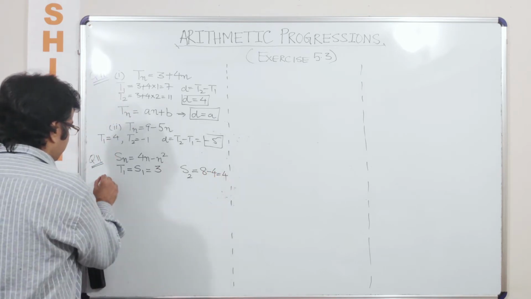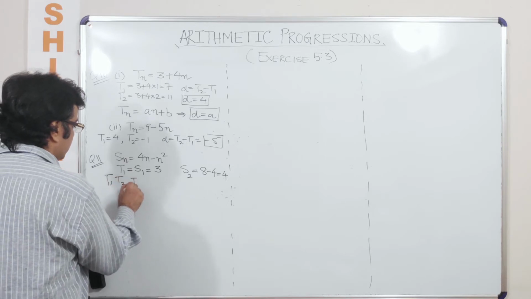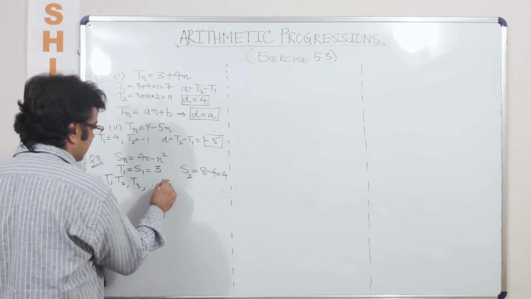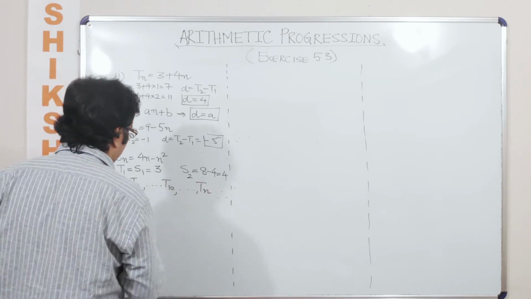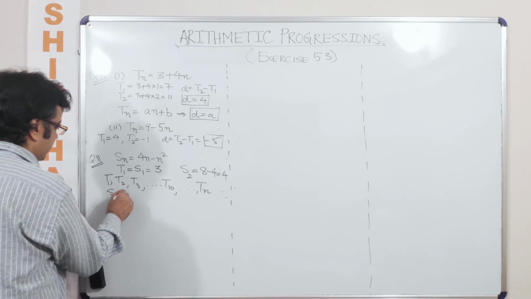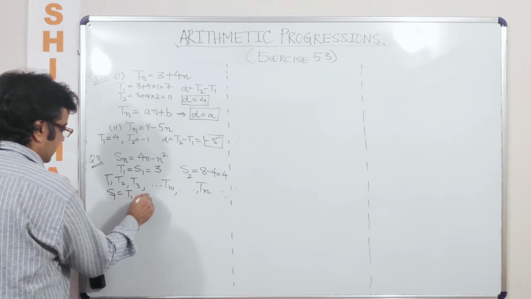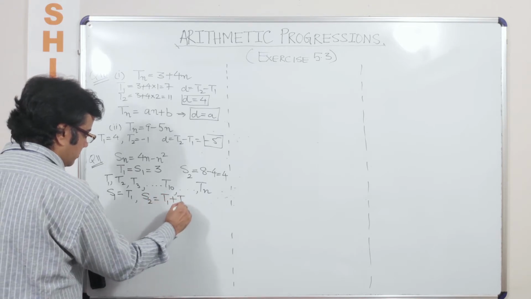Now if a series has been given to you, please understand it like this. So the series here is T1, T2, T3 and so on till you have a T10 in between and then the last term as Tn. Now if I want to find out the sum for first term, it is just like saying sum for one term is the first term itself. Sum of first two terms is just like saying what? T1 plus T2.